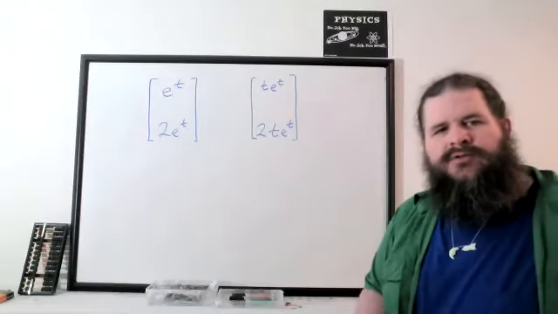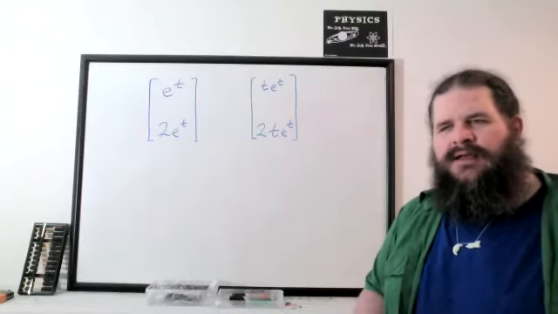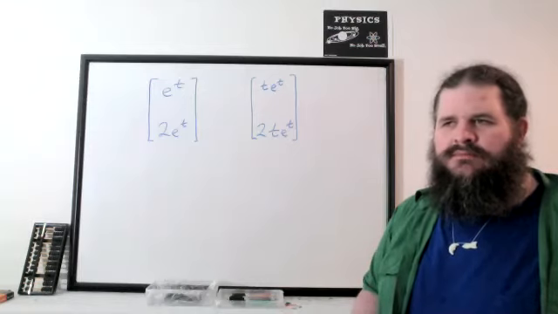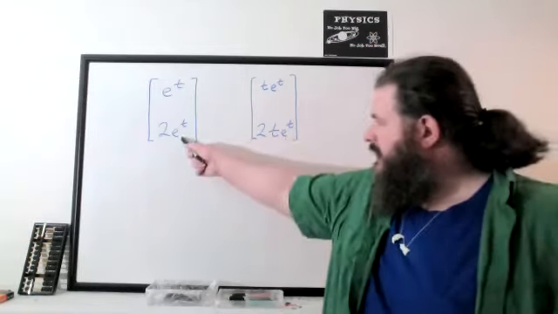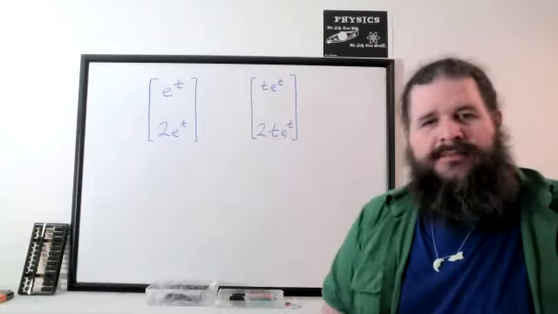And by the way, when would you expect that to show up? For instance, in chapter 3, when did you notice things like e to the t and t e to the t showing up in a solution?